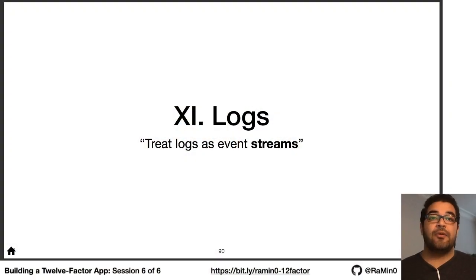The first factor we'll be discussing today is logs, and I guess you might have come across this term before. A log is basically a bunch of events, or as they call it here, a stream of events that describe stuff happening in your app. Logs are useful in so many ways.